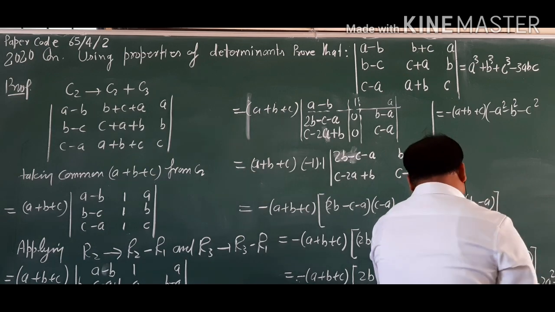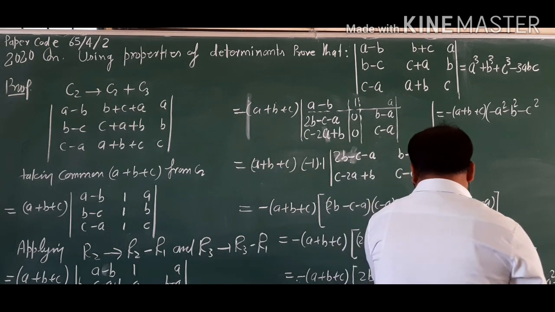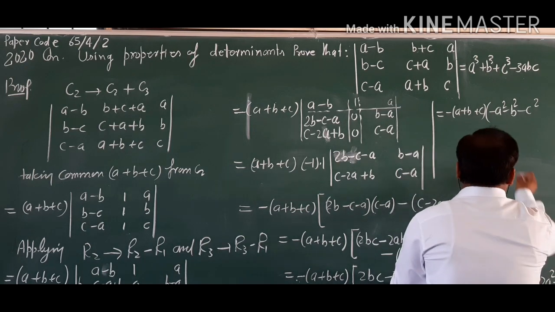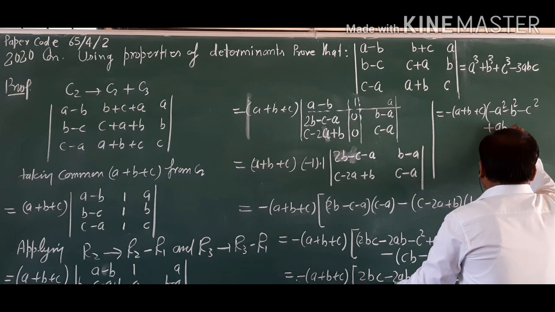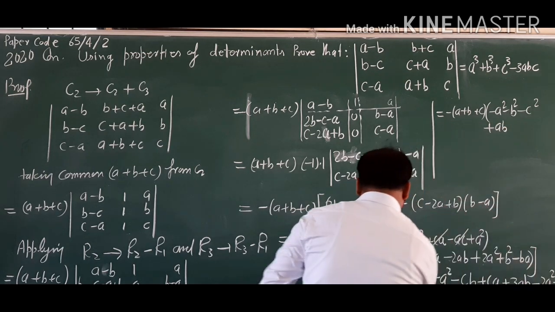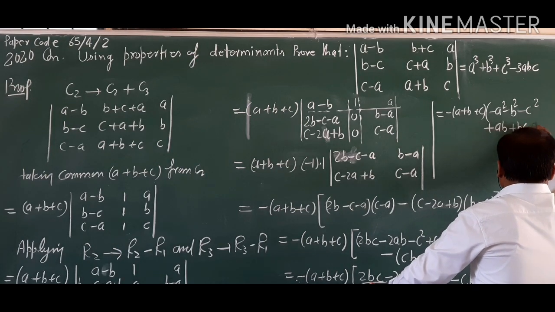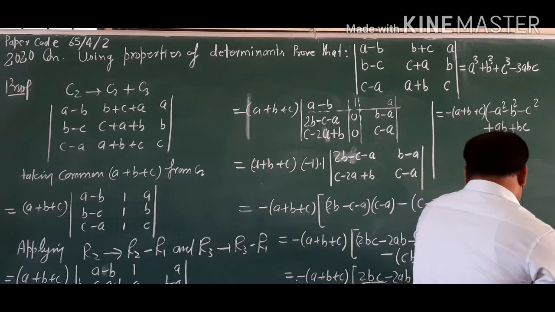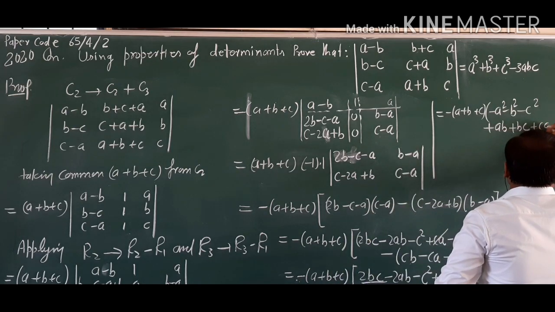And what are other things? Just see, here is minus 2ab plus 3ab, so we have plus ab. 2bc, and here minus c, that is plus bc. And ca is only one, so we should write here ca.